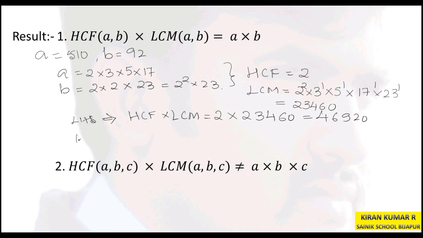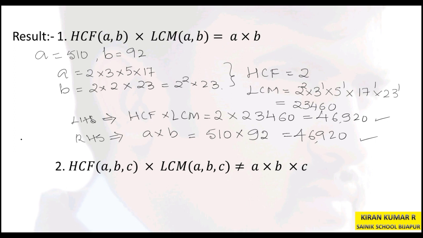Look at the right hand side, it's the product of the numbers A into B, which is equal to 510 multiplied by 92. On multiplication, we get 46,920. Therefore, the result is verified.